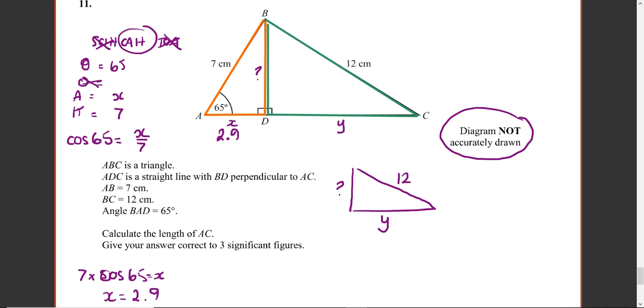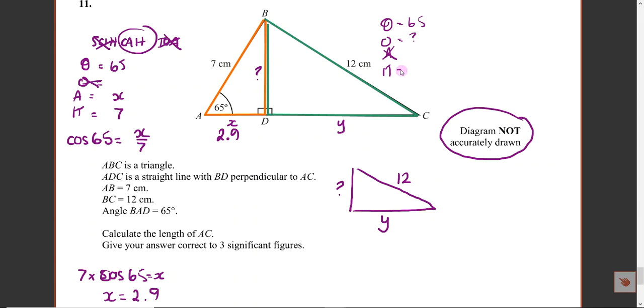So, what we do is we've worked out that we need to know this length here. We're going to use this triangle to work that length. There are lots of ways to do it, but I'm going to use trigonometry again. Theta, opposite, adjacent, hypotenuse. This time 65. The opposite is the one I want to know.